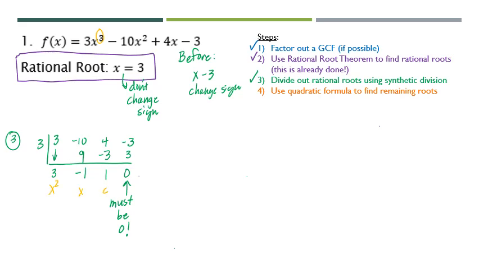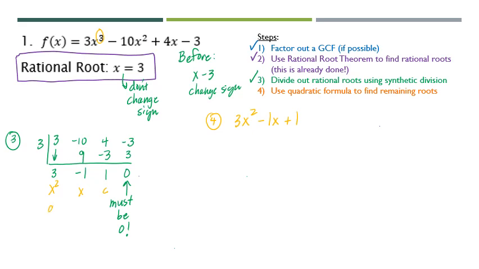If I were to rewrite this as a polynomial, I would write 3x squared minus 1x plus 1. You really don't need that 1 in the middle, but that's what that polynomial would look like after it got divided. When we do the quadratic formula, all we need are the a, b, and c values. So from now on, instead of doing what I just did, we can skip over that step.